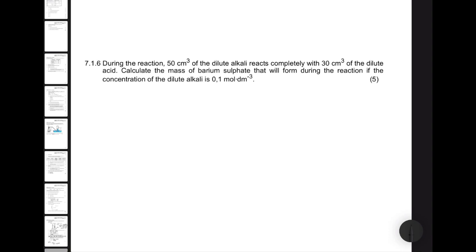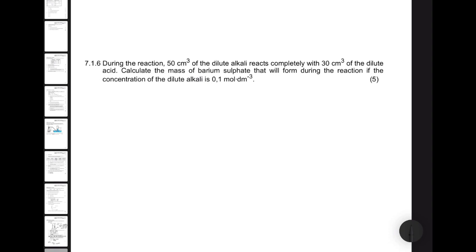7.1.6 says that during the reaction, 50 centimeter cube of the dilute alkali reacts completely with 30 centimeter cube of the dilute acid. So the dilute alkali is reacting completely. That tells us that the dilute alkali is our limiting reactant. And then the question goes on to say, calculate the mass of barium sulfate that will form during the reaction if the concentration of the dilute alkali is 0.1 mole per decimeter cube.